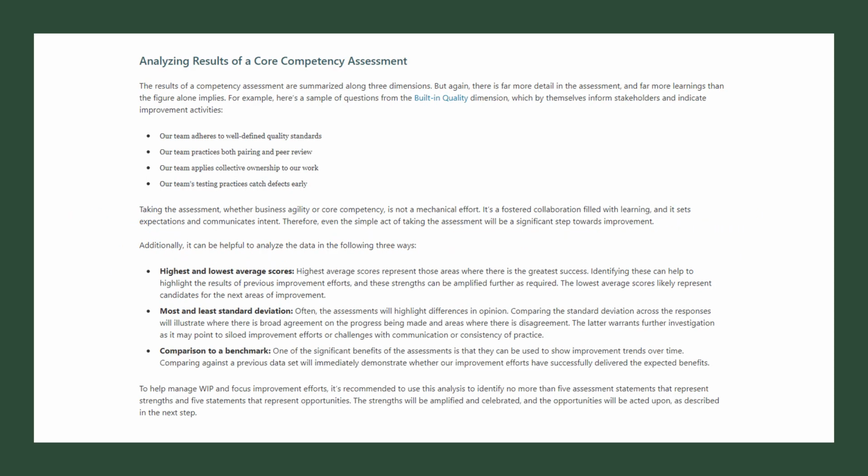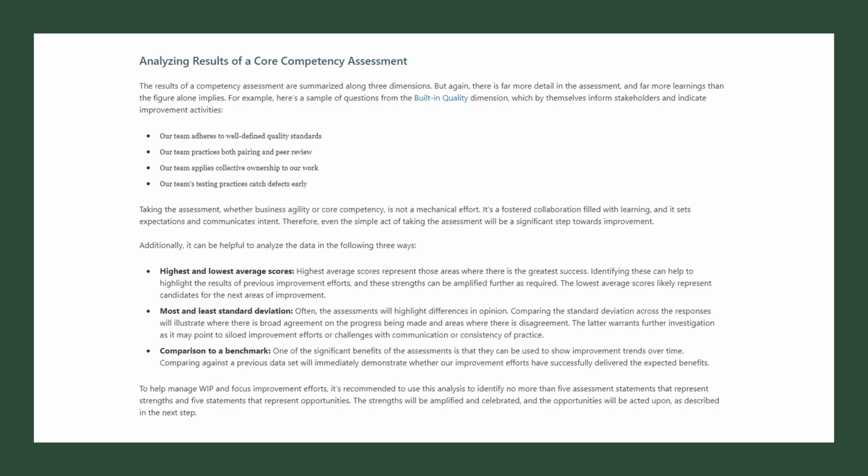After running it, you can start analyzing the results of a core competency assessment. The results of a competency assessment are summarized along three dimensions. But again, there is far more detail in the assessment and far more learning than the figure alone implies.